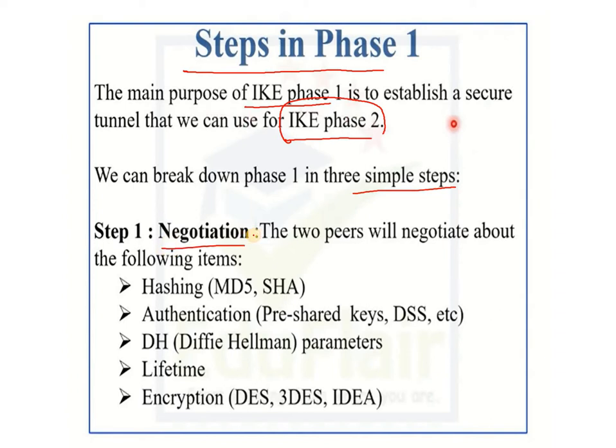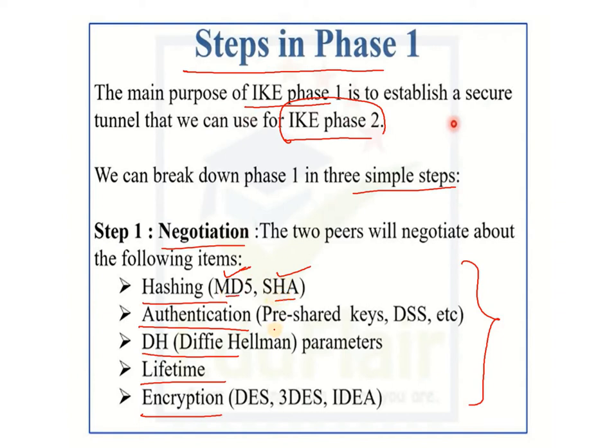First one, negotiation. As I told, a negotiation happens between two peers regarding the authentication algorithm, the encryption algorithm, the hashing, and the lifetime of the security association. All these things will be negotiated here. You can see here hashing, which hashing algorithm we have to use, the two parties will communicate with each other, and they will come to the conclusion that, okay, we will use this MD5 or SHA hashing algorithm.